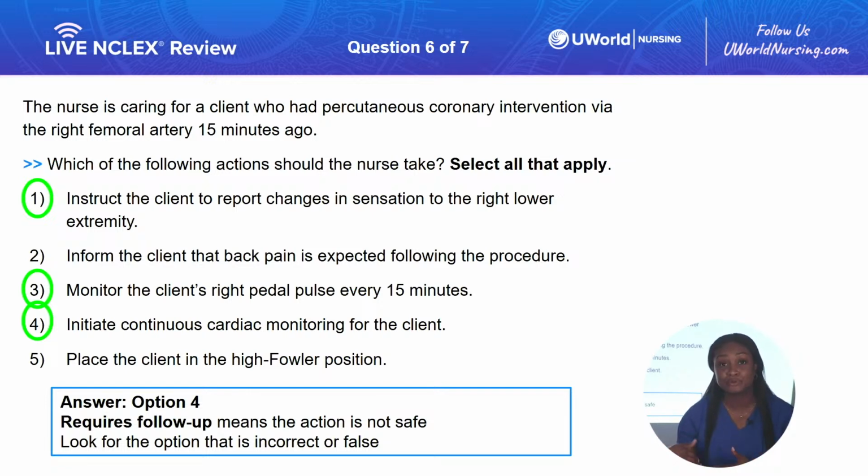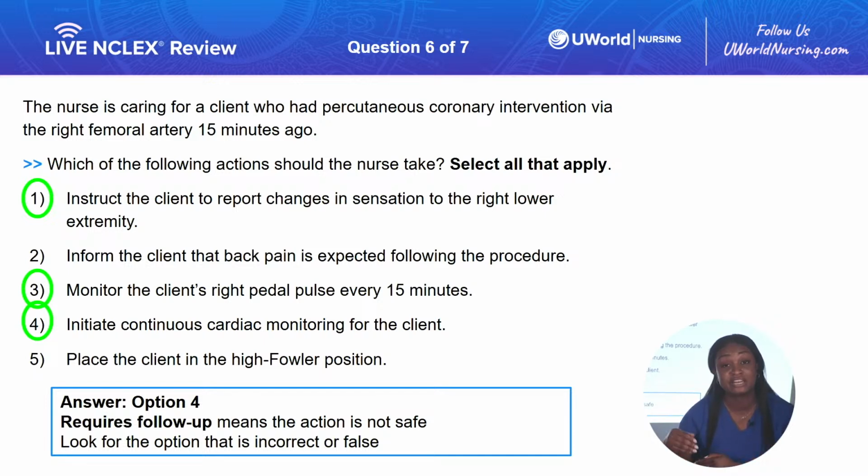They go in through pretty big arteries, which could be in the femoral or in the brachial or radial on your arm. There are certain teaching points to follow after these procedures, which is to instruct the client to report any changes in sensation to the right lower extremity.